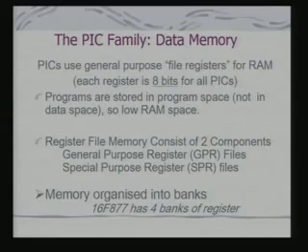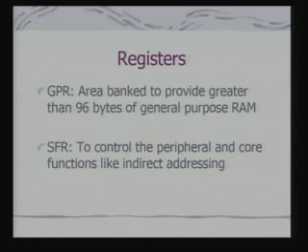Special purpose registers provide a variety of core functions, and here also the memory is organized into banks. If you remember, we talked about the bits in the status register. The 3 bits that I had shown in the status register are used for selection of memory banks. Typically, the general purpose register area is arranged in banks so that it can provide greater than 96 bytes of general purpose RAM.